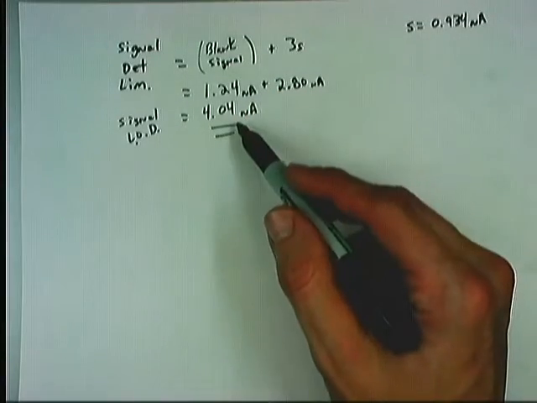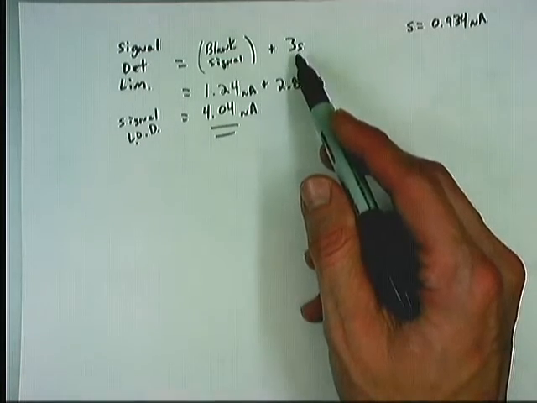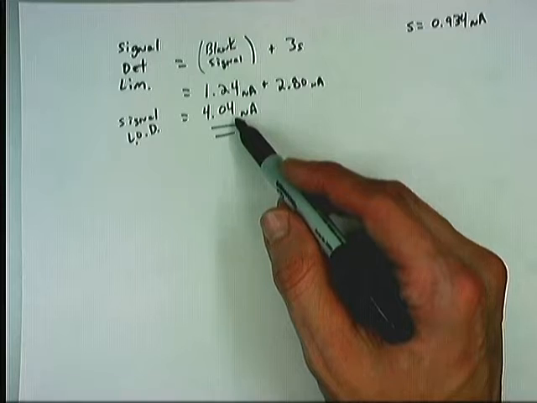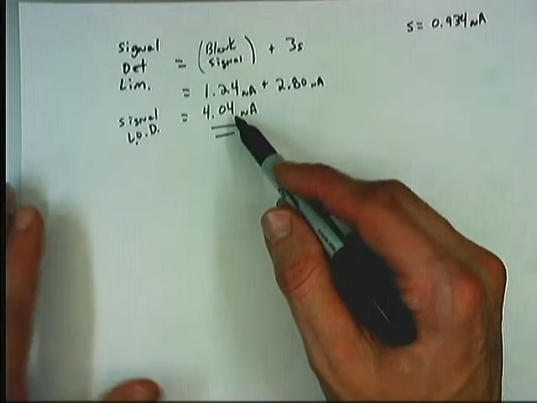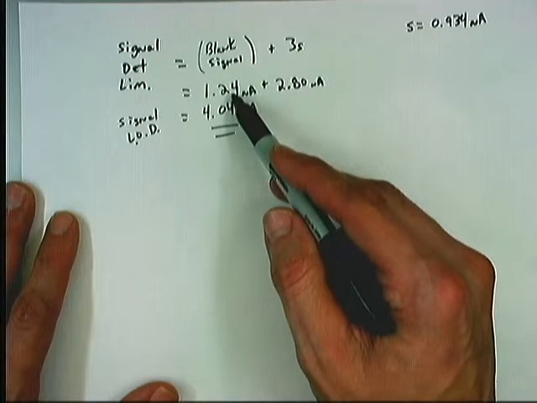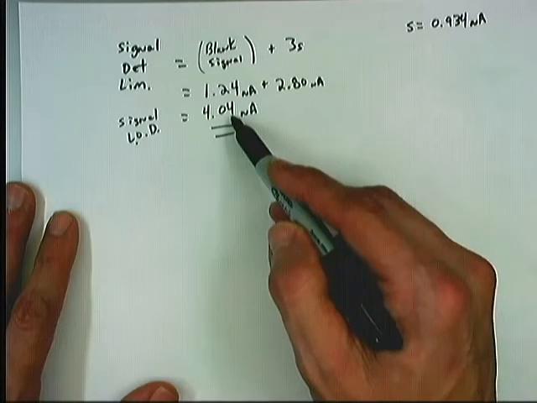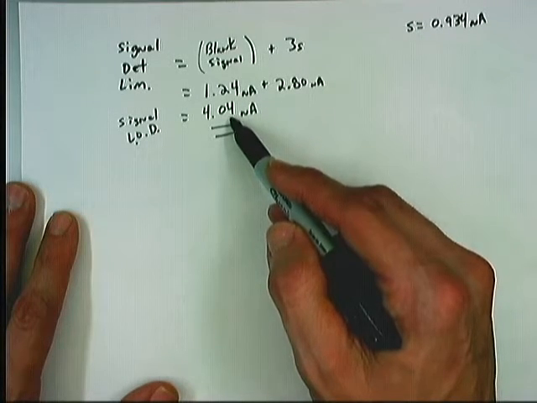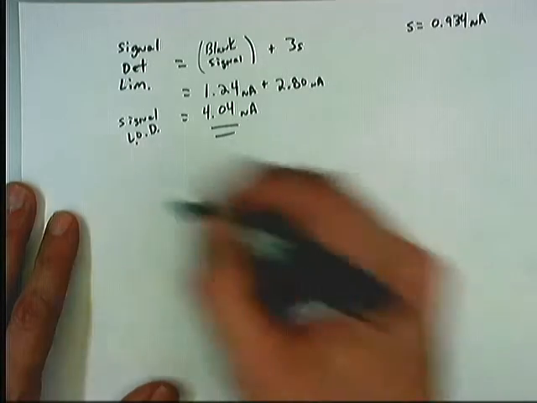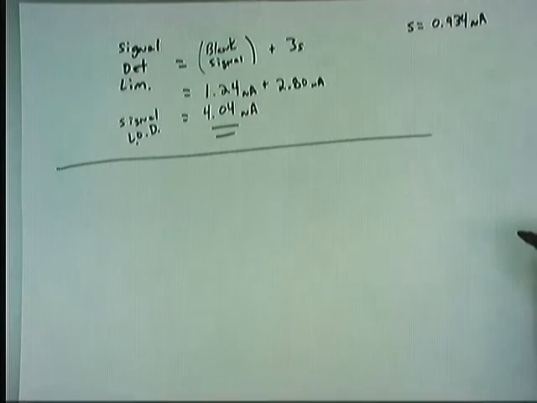If the signal is bigger than that, it's been reliably detected based on the 3 sigma standard. If it's lower than that, the signal has not been reliably detected. Notice that what I did is I added my 3S standard to my blank offset. This was not 0, so 0 analyte did not produce 0 detector signal, so I had to do this addition to find out the absolute magnitude of the minimum detectable signal. Okay, so I'm done with my minimal detectable signal.